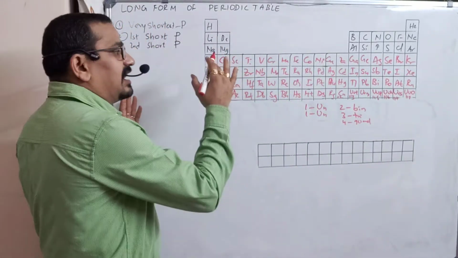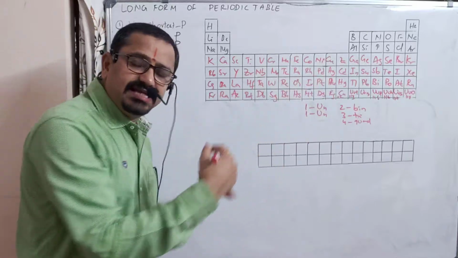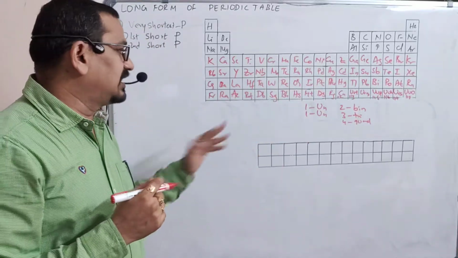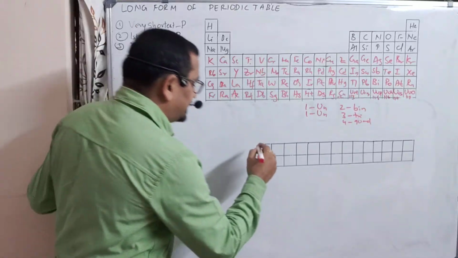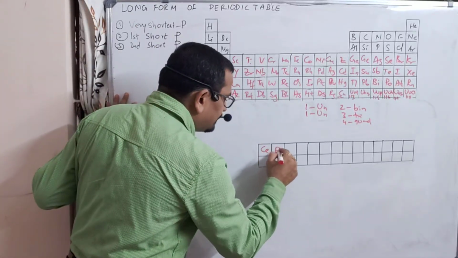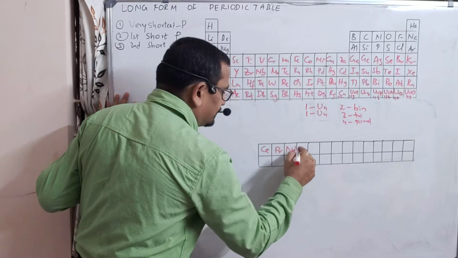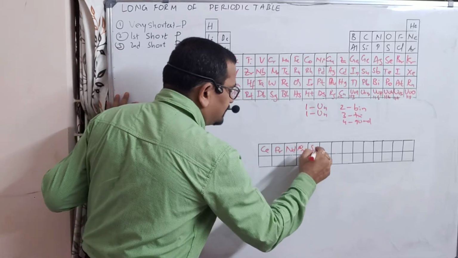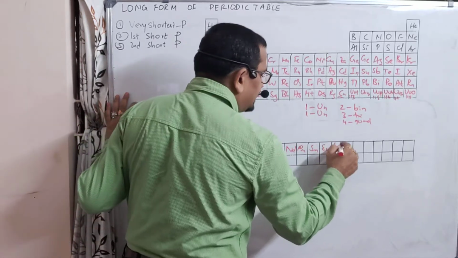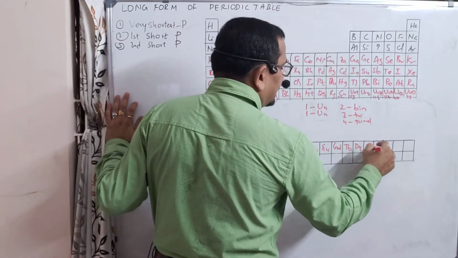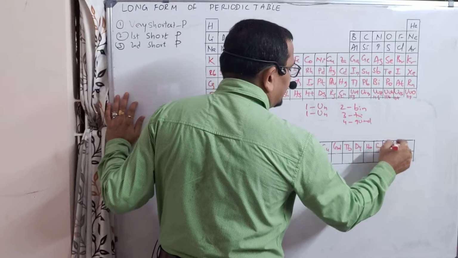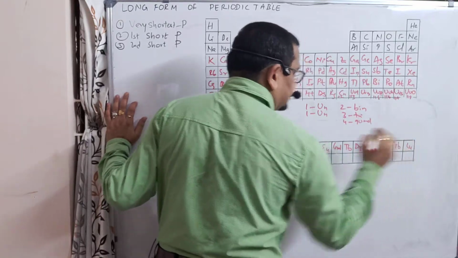And other than these elements, two series of elements were separately named, called inner transition elements or F block elements, namely cerium, praseodymium, neodymium, promethium, samarium, europium, gadolinium, terbium, dysprosium, holmium, erbium, thulium, ytterbium and lutetium.